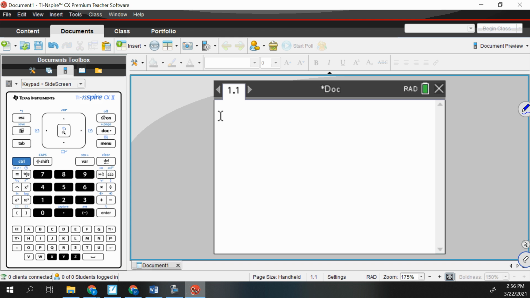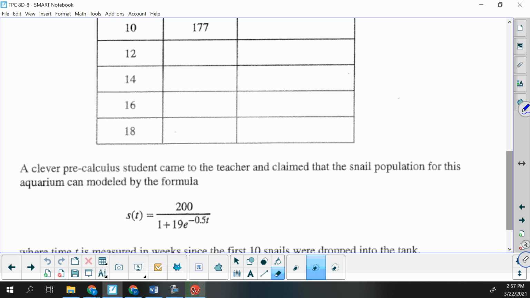The E is our E to the X that's down to the left of the 1 there. So you could do that on a graphs page, again, use your fraction template, put the X in place of T, and then do a Control T to get each of the values, or just sub them in individually. So go ahead and pause the video now until you've filled in the values at 12, 14, 16, and 18. And again, we're rounding to the nearest whole.